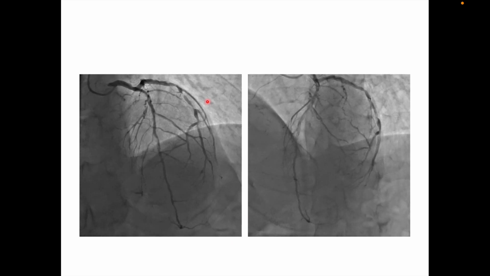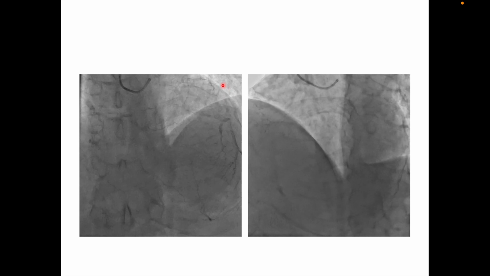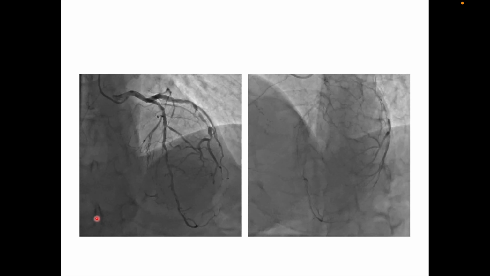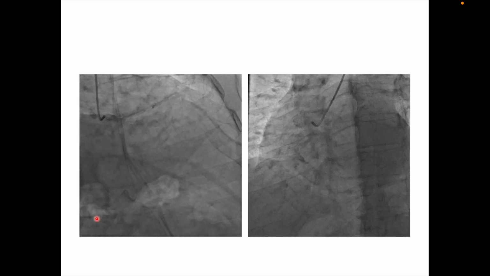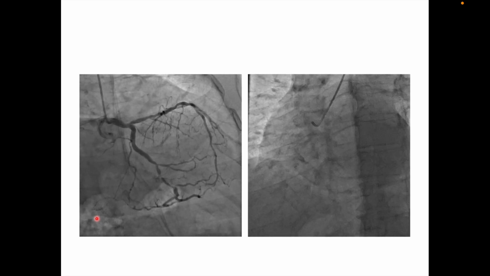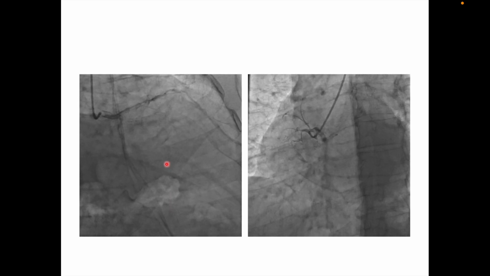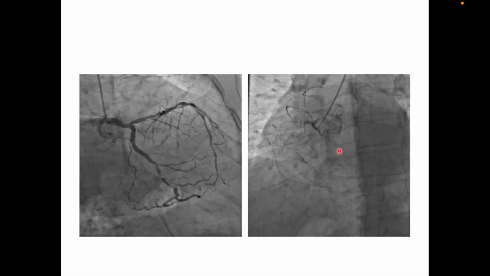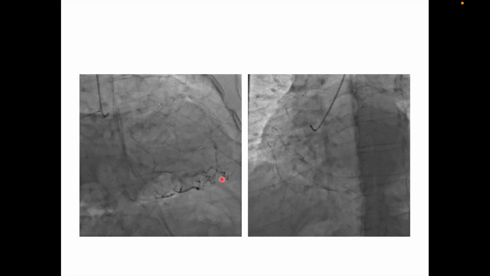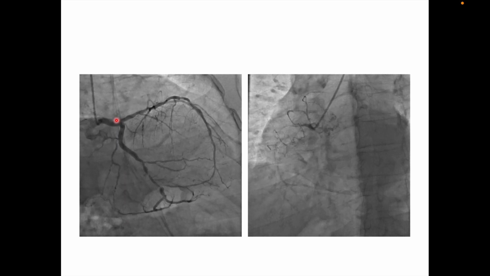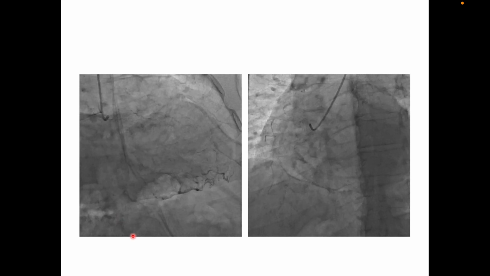So we can see here there is some significant disease, definite critical disease in the circumflex. So you can see the same critical disease here, and definitely CTO-RCA, and maybe some degree of disease you can appreciate here in the left main stem and ostial LAD.